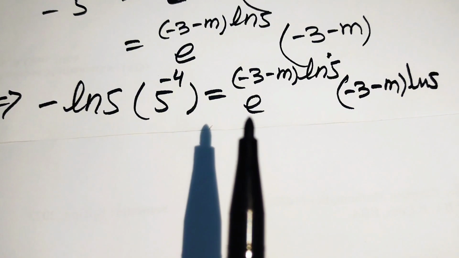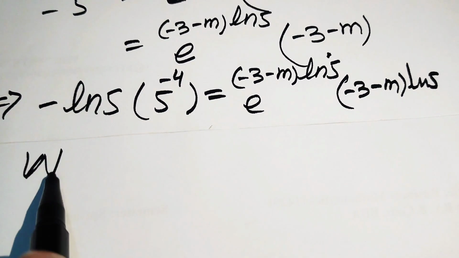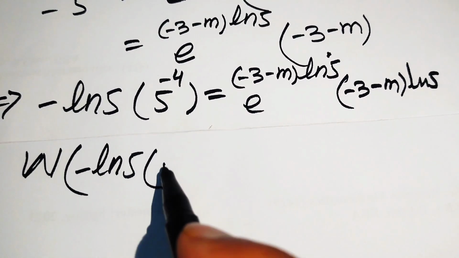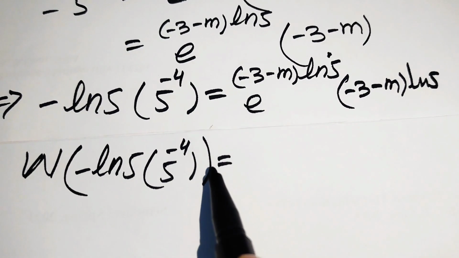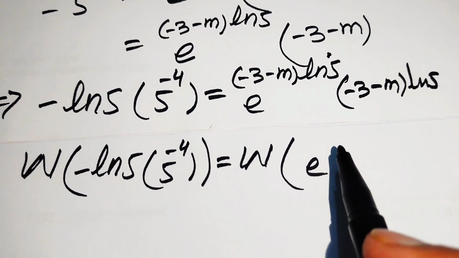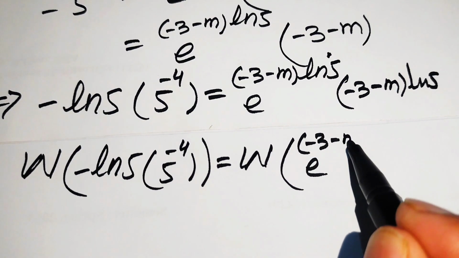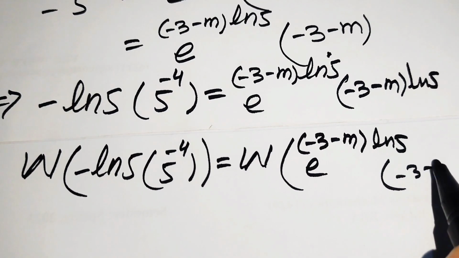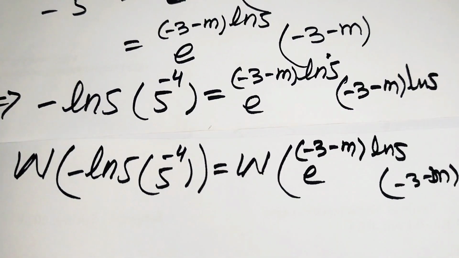So now we're ready to apply W on both sides. We apply the Lambert W function on both sides, and it is written as W of minus log 5 into 5 to the power of minus 4 is equal to W of e to the power of minus 3 minus m into log 5, multiplied by minus 3 minus m into log of 5.